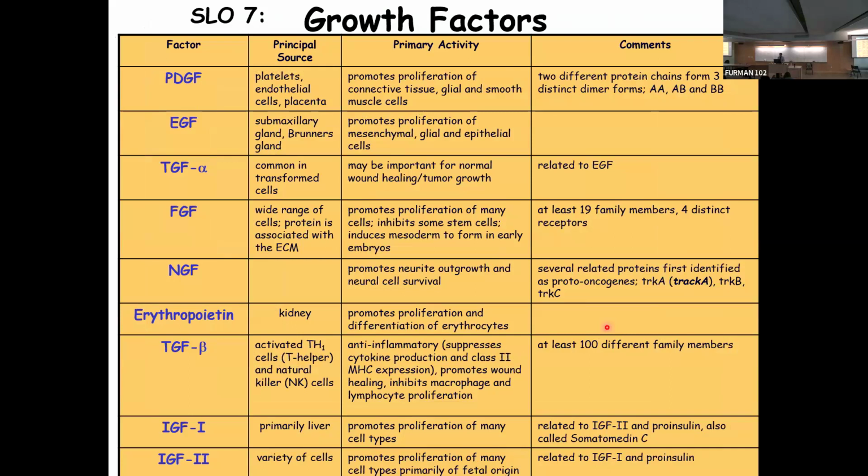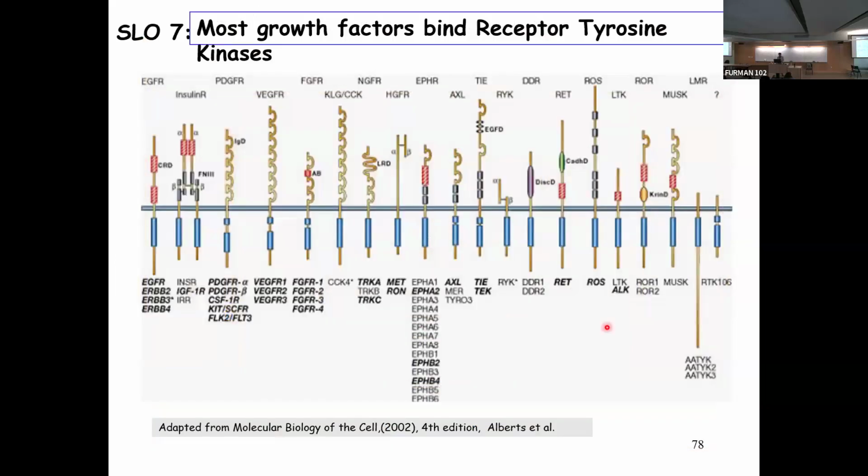Predominantly PDGF, EGF, which are platelet-derived growth factor and epidermal growth factor, and to a certain extent FGF, are the major key players that control signal transduction in multiple cell types, which is mediated through their receptors. So this is a list of all the growth factors, those extracellular signals which are present. And in the subsequent slides, you will see the corresponding receptors, okay?